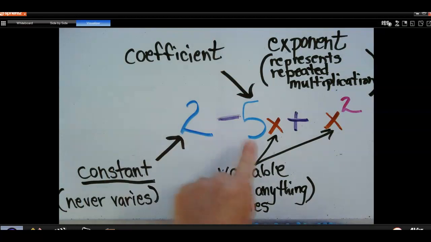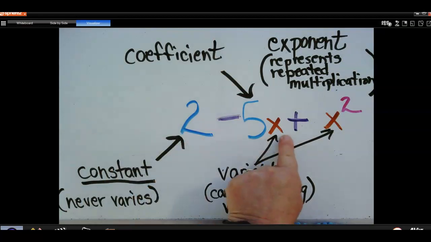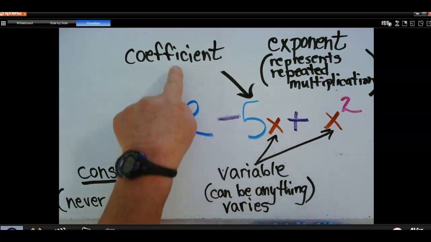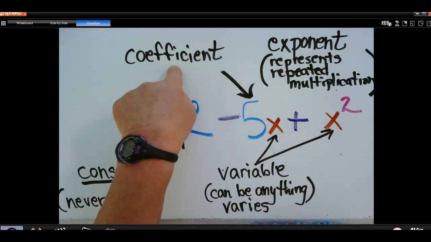When a number gets multiplied by a variable, that number has a special name, and it's called a coefficient.